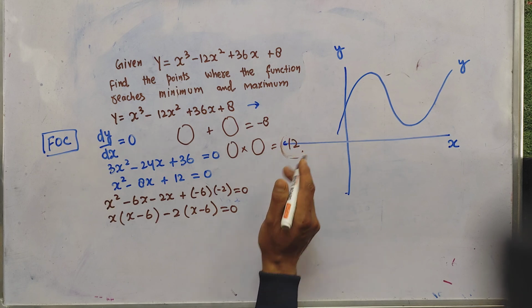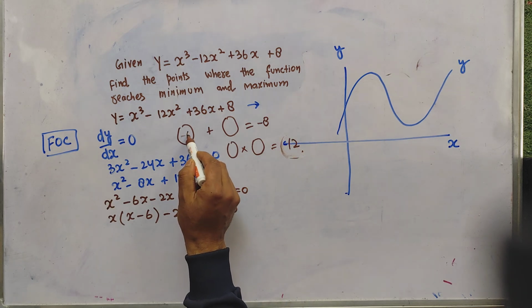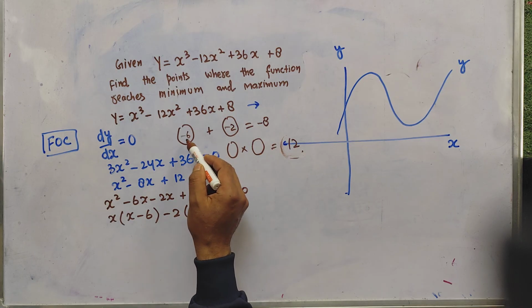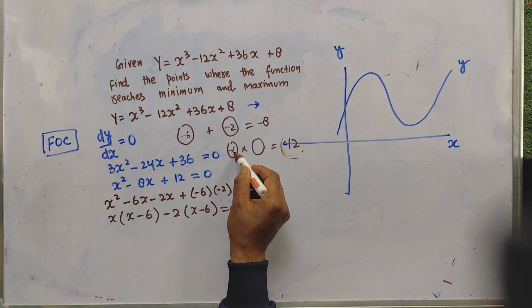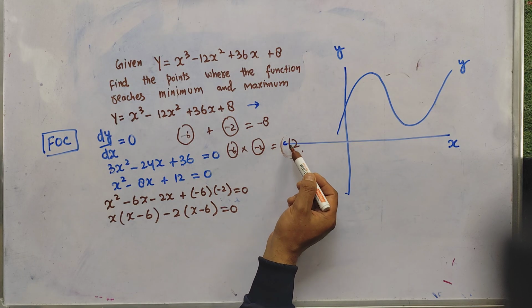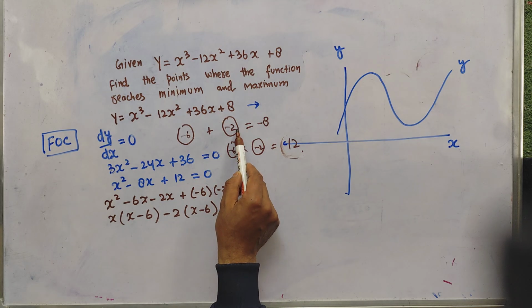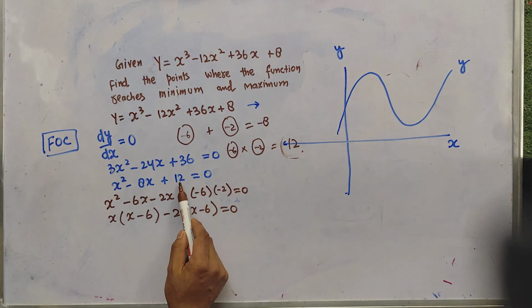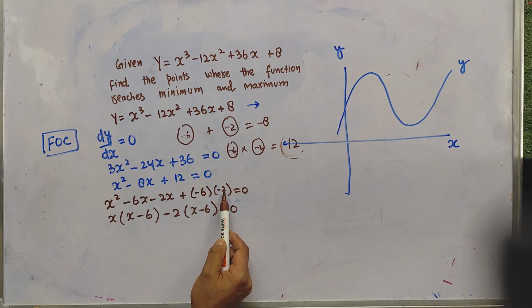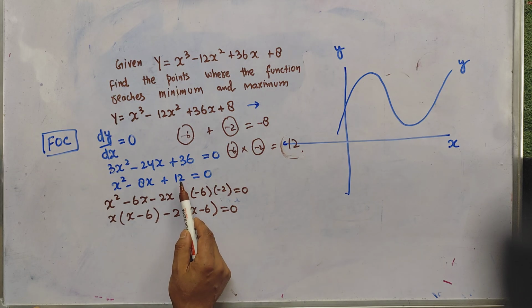Here you can see when we write minus 6 and minus 2, it satisfies: minus 6 and minus 2 is minus 8, and minus 6 times minus 2 is, minus into minus is plus, so we get 6 2s are 12. That's how we got minus 6x minus 2x, that is minus 6 and minus 2 is equal to minus 8x, plus in place of this we write minus 6 times minus 2, which is plus 12.